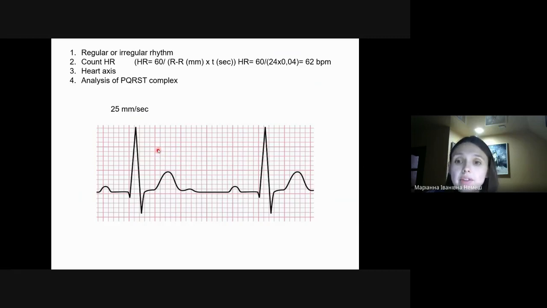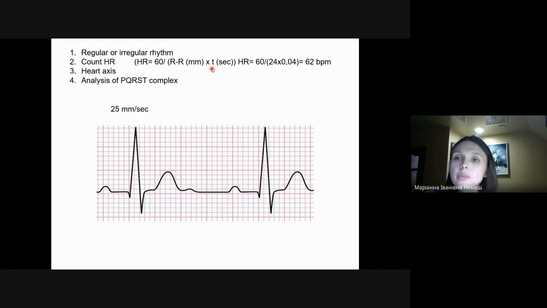We know that the big box is 5 millimeters. So first of all, it's easier to count big boxes. We have 1, 2, 3, 4 big boxes. For 4 big boxes, it will be 20 millimeters. And also we have one small box here and 3 here, so 4 small boxes. So generally we have 25. The distance between one R and the second R will be 25 millimeters.